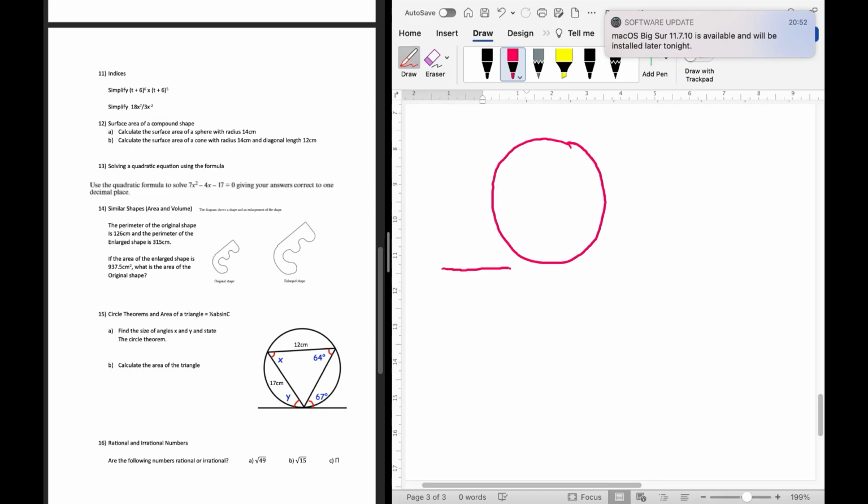If you draw a tangent to the circle, which is a line which just touches the circle somewhere like that, and from that tangent coming this way, you kind of go back on yourself this way, then from this dot and this dot, if you connect them to make a triangle on this side of the circle, that angle there is the same as that angle there.